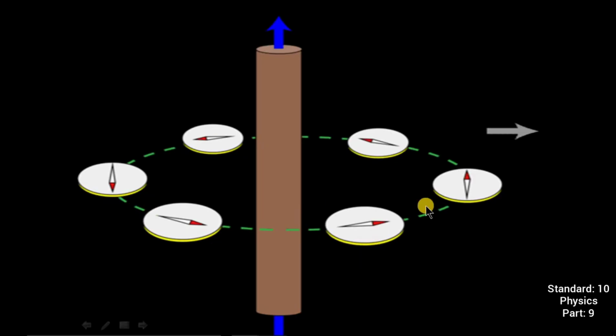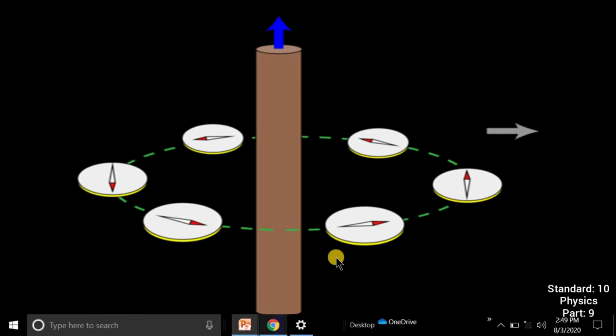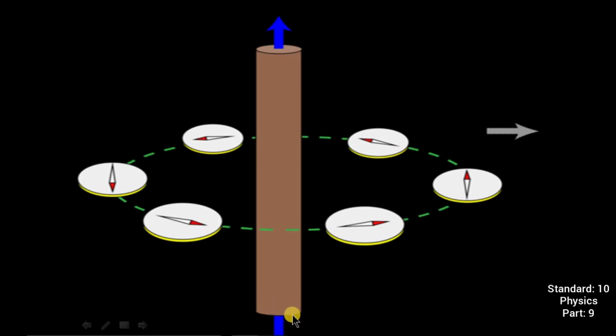And what is this picture? This picture comprises a conductor. Current is moving from south to north, that is up. And we are drawing a path. We are keeping magnetic needles at points. When the magnetic needle is here, it deflects towards this direction. When it is here, it deflects towards this direction.